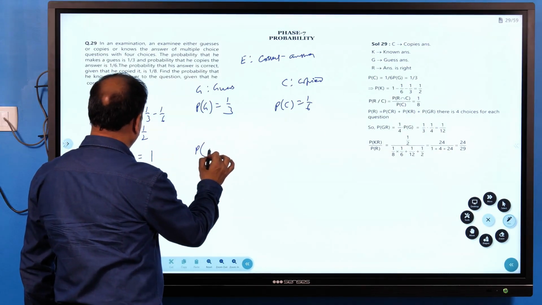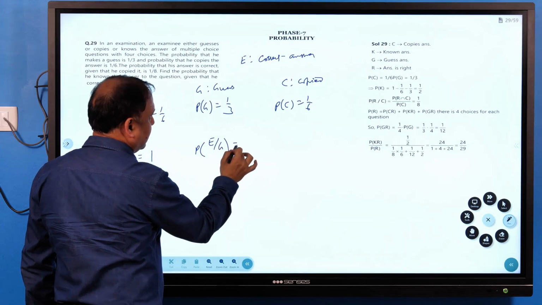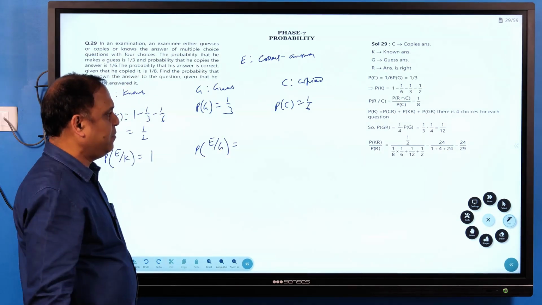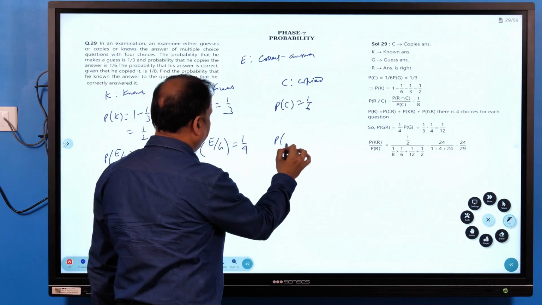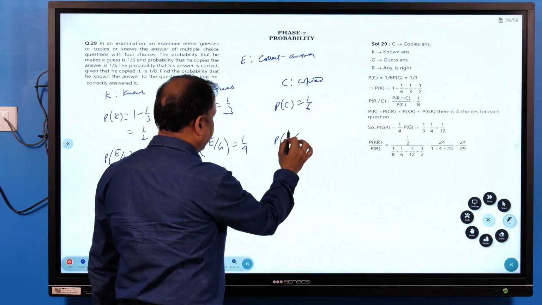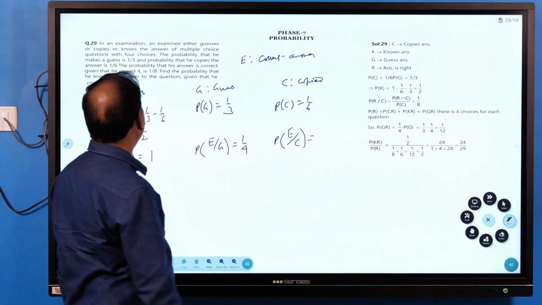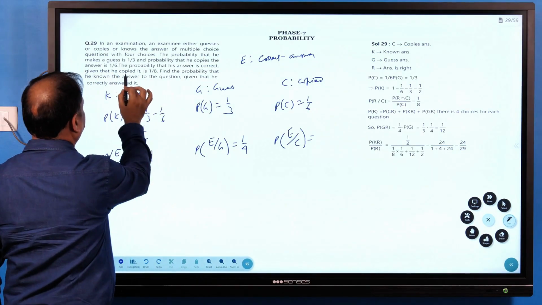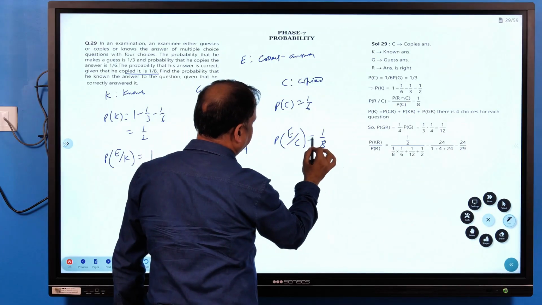Probability of answer being correct provided you guess: if it is a guess, then the probability will be 1 upon 4. And probability of answer being correct provided you copied it is given as 1 upon 8.